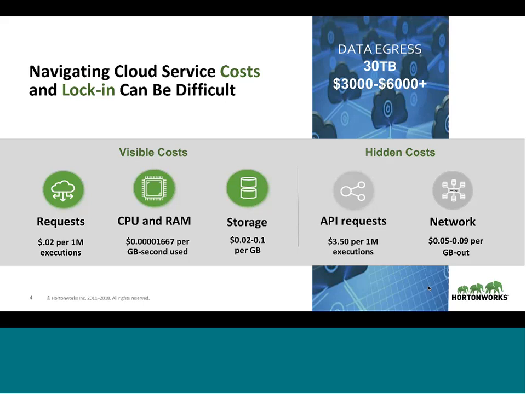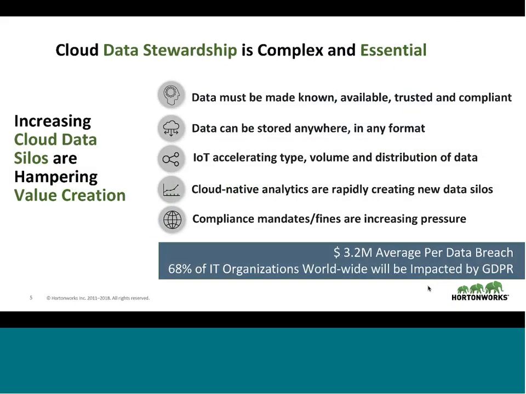On top of the cost issue, there's one thing that never really goes away, which is data stewardship and data governance. As I mentioned before, we still have the same challenges with data governance. Right now, data can be stored anywhere, in any cloud, in multiple clouds. Increasingly, you're seeing workloads where data is generated in the cloud at first, like IoT use cases or cloud-native analytics.